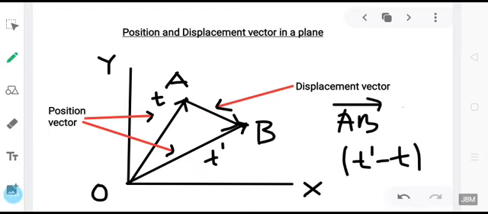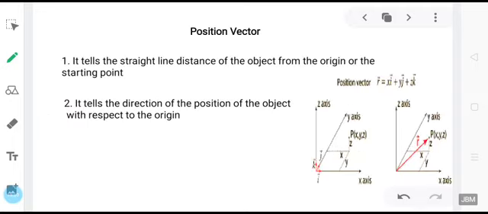So I repeat here, AB vector where tail or initial position is at A and head or tip is at B is called the displacement vector of the object in time interval t dash minus t.